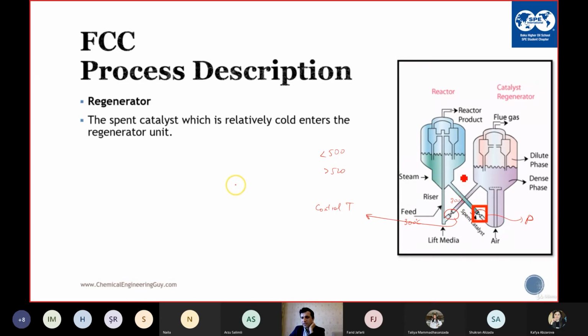Because we have the catalyst here with coke. Coke is burned. When the coke is burned, the flue gases are formed, and the flue gases create the pressure. There is a lower pressure limit above which it also controls the temperature. That's how this control valve is used.